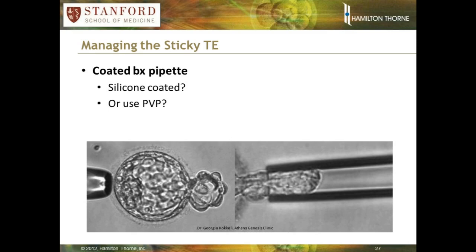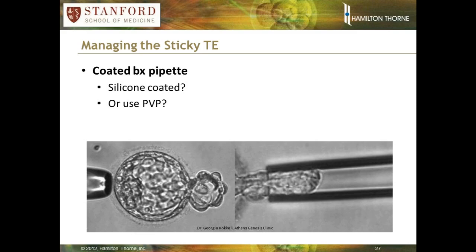One is something that you can do tomorrow or today in your lab, and that is load a PVP drop in your biopsy dish and simply wash or aspirate, rinse, if you will, your tools in the PVP prior to doing the biopsy, which should essentially lubricate it to a point that will reduce the stickiness.